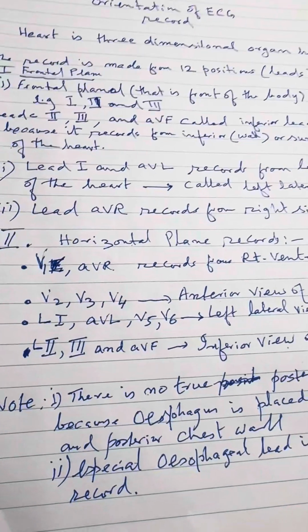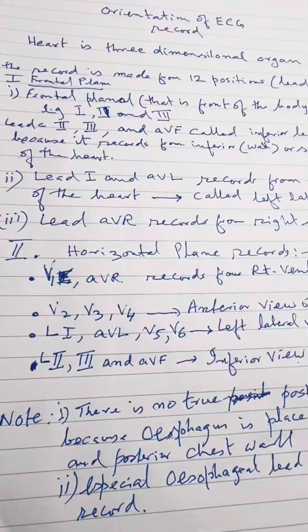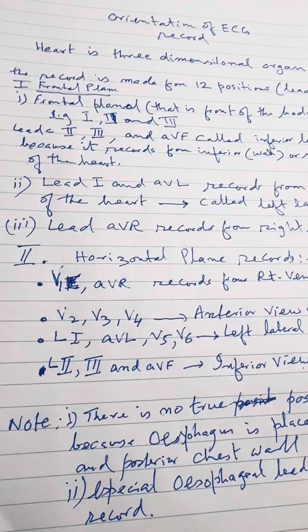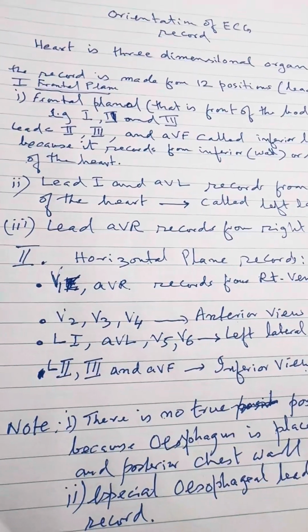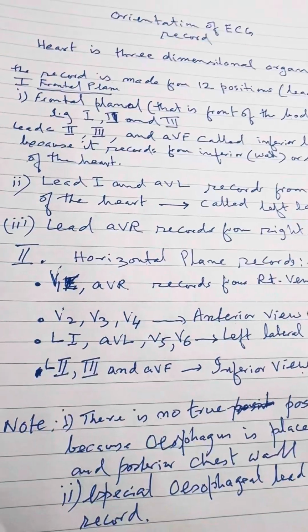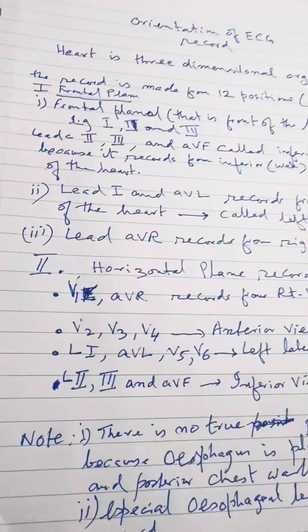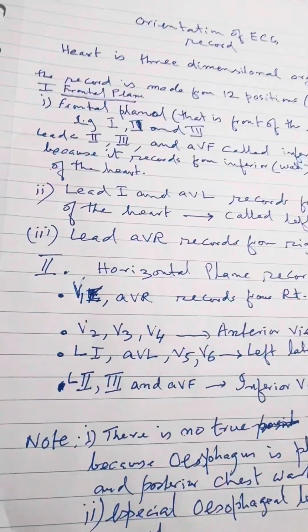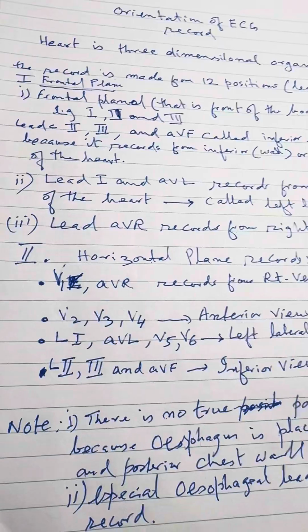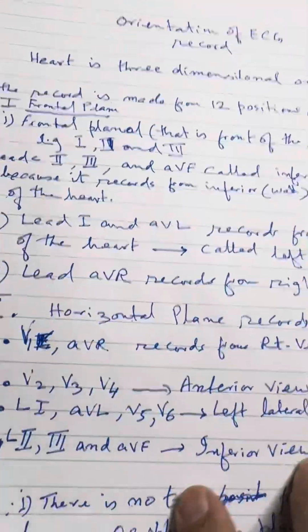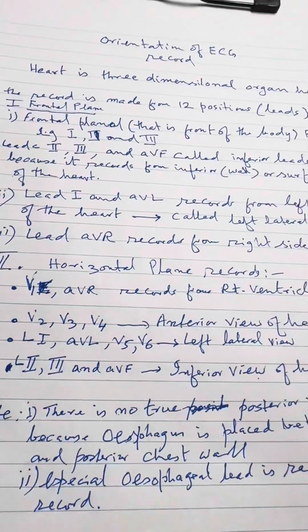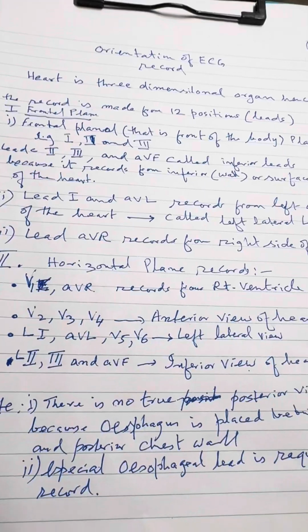One is the frontal axis, that is from the front of the chest, and the other one is horizontal, that is in the chest. V1 to V6 is horizontal, and there is a frontal plane. Frontal plane of the body.